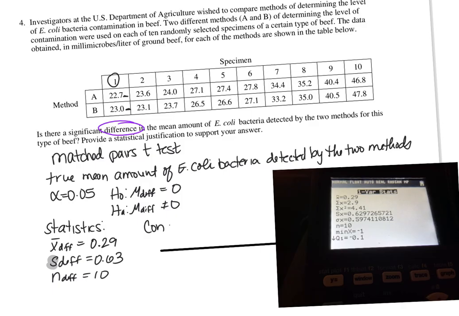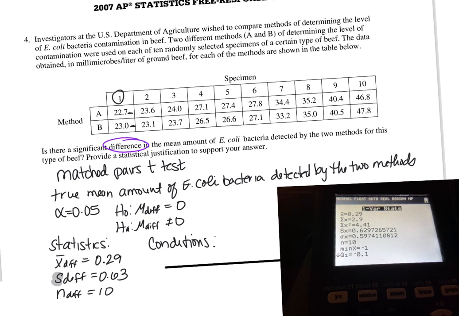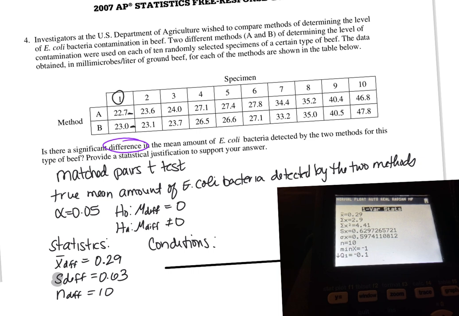So conditions, right? That was our choose step. This is check conditions. The sample was random. Let's see where it says 10 randomly selected specimens.